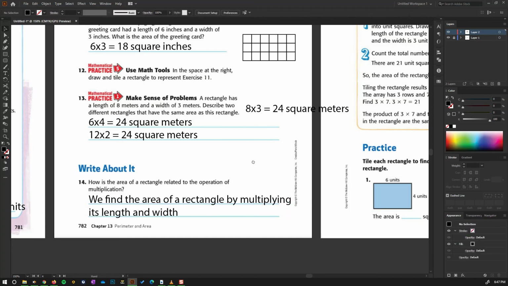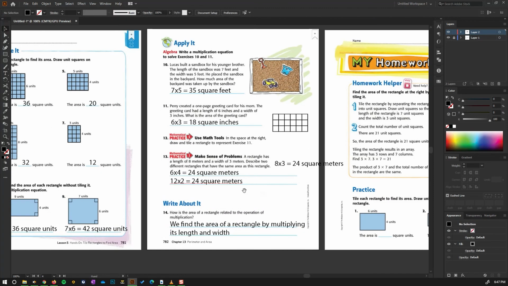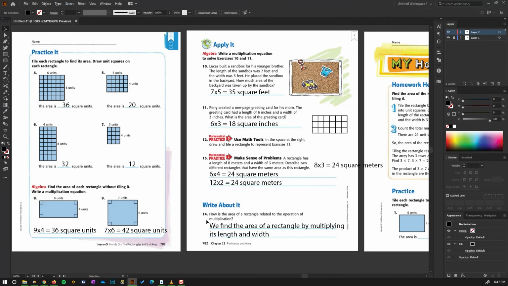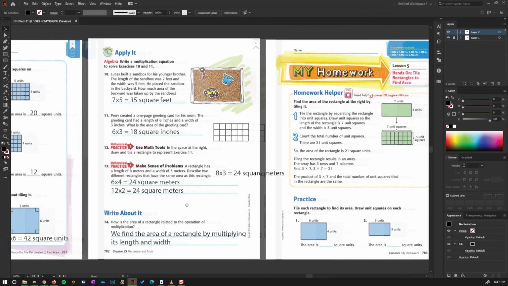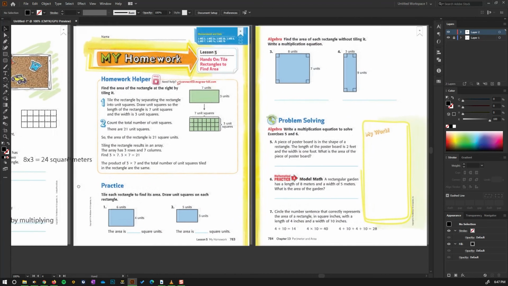Very simple. Multiplication is at the core of finding the area of a rectangle, because we simply multiply the length times width.